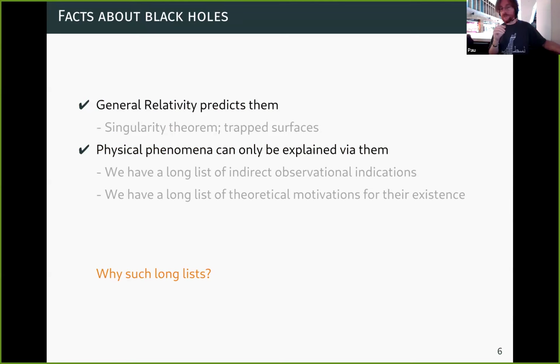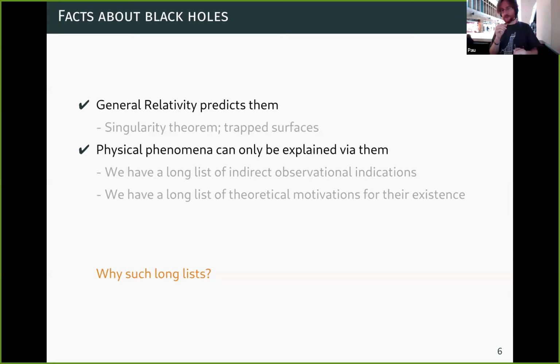Now, the question is, and this does not only belong to astrophysics or physics, this is a situation that you constantly face in other areas of any kind of science that you can think of, biology, chemistry, etc. So why do you need such long lists? I'm talking about a long list of indirect observational implications and a long list of theoretical motivations.